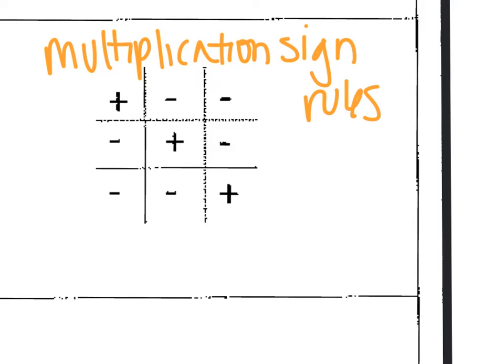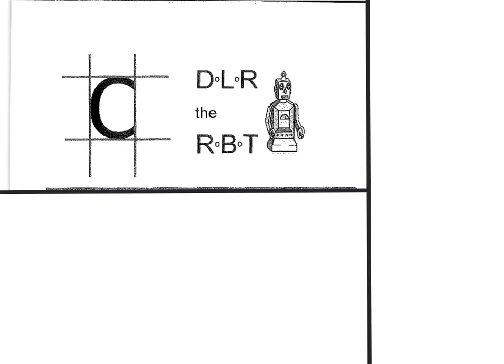Or a positive times a negative is going to give you a negative. If you read the chart diagonally, a positive times a positive is going to give you a positive. It does not matter which direction you read the chart. If you read it across from left to right, or from right to left, or vertically or diagonally, no matter which way you read it, it's going to give you the correct way to multiply two numbers together with different signs or with the same sign.